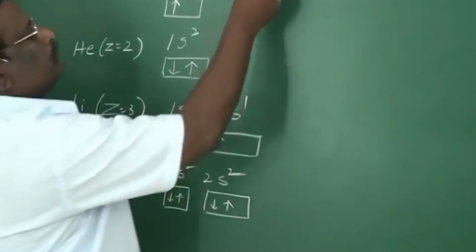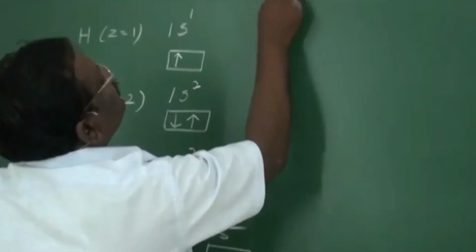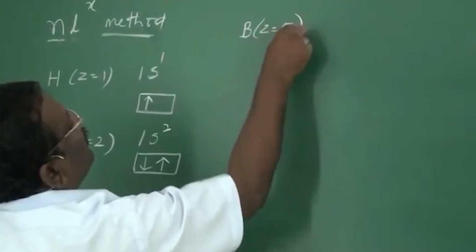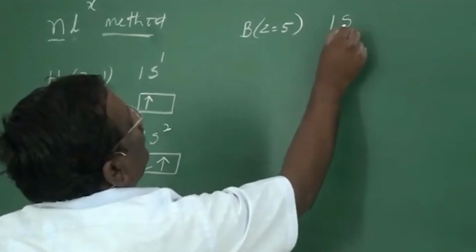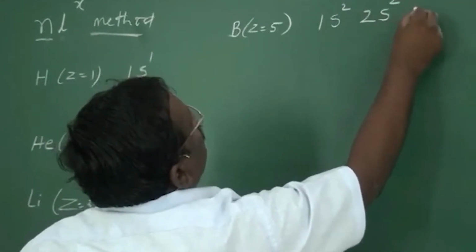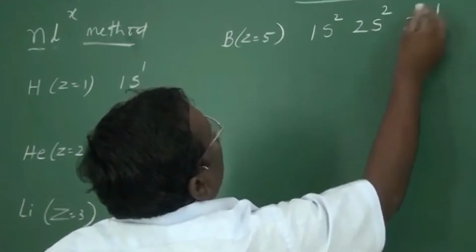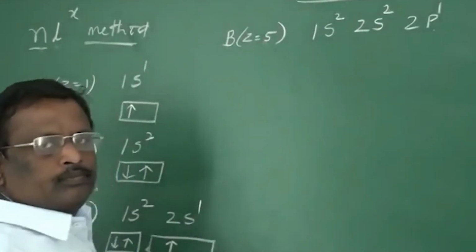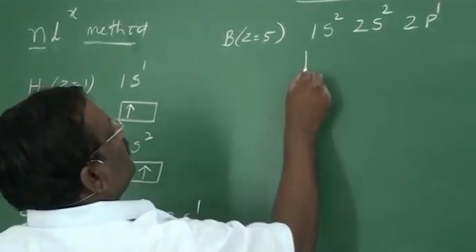Next, boron. Atomic number is 5. Its electronic configuration can be written as 1s2, 2s2, 2p1. 2 plus 2, 4, 4 plus 1, 5. And it can be represented like this.